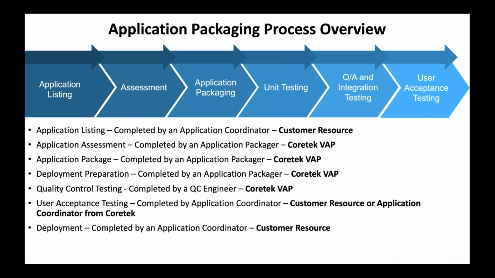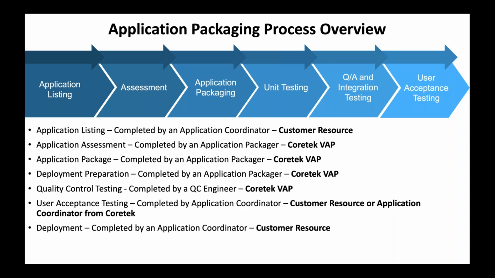From there, we move into the application packaging phase. So the assessment is manually going through the install. Application packaging phase is building out that MSI for an automated install, a zero-touch install for the end user, and again, targeting an enterprise application deployment tool like SCCM.